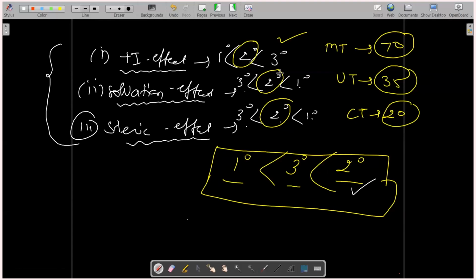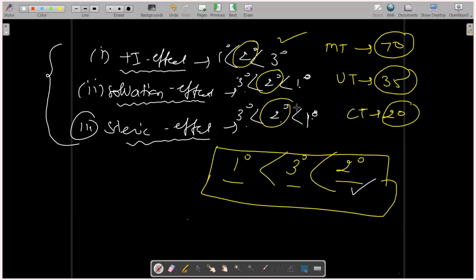Then after, the competition between tertiary and primary. When you observe all these three effects, you are looking that primary amine is more basic in nature 2 times, while tertiary only 1 time.